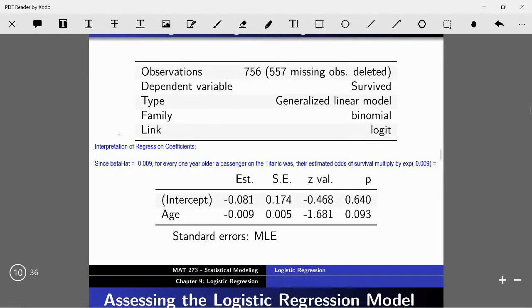Okay, and we can actually interpret the estimated intercept as well. Since the estimated intercept equals that, this is representing the estimated log odds of survival for a newborn, a passenger with an age of 0.